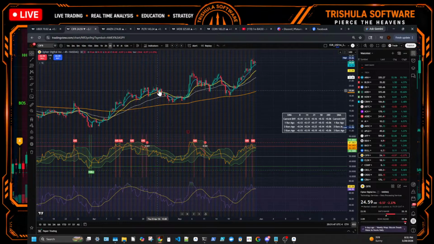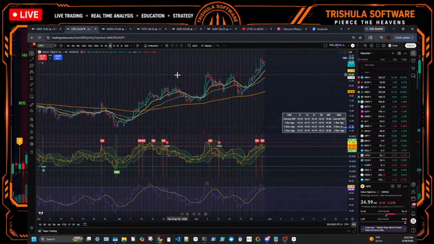Granted, you could get cute and try to get the pullbacks here, but you've got to be skilled at it, because at any time you can try to go for puts and bank on price action breaking below this 200 MA, but look what happens here. It attempts this first bounce, goes back up. Is this level important?